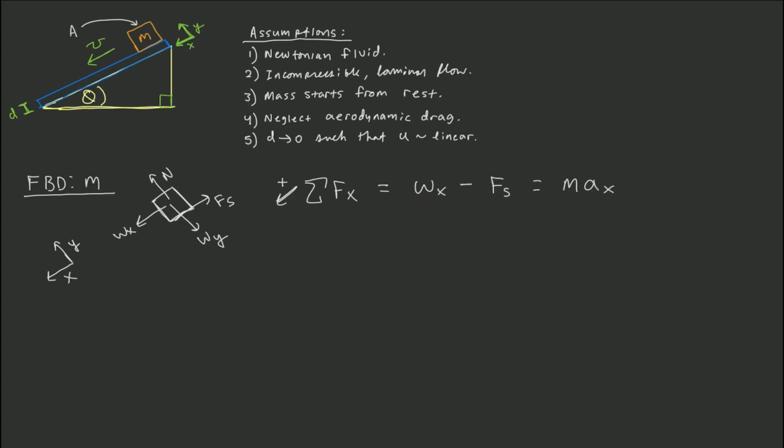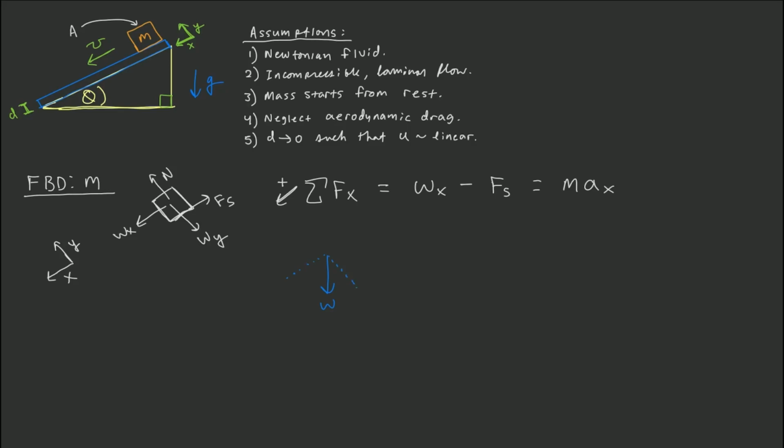So to break down the weight of the block, we're going to have to do some basic vector math. So we'll begin by drawing the weight as it actually is in the problem, because remember, gravity is directly downwards. So this is our weight vector. This is our x-axis. This is our y-axis.